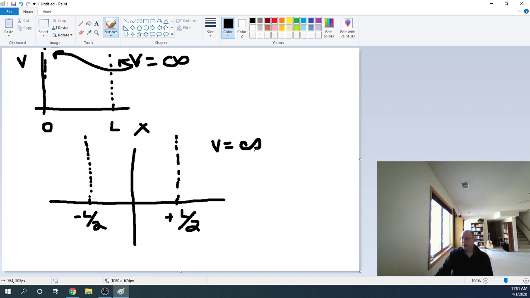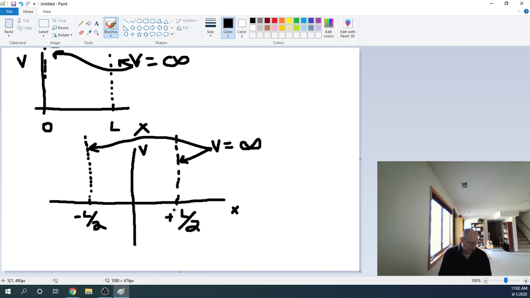Again, it's a particle in a box, but now it's a symmetric box around the origin. This is V as a function of x again. And it asks you to think about how the solutions would look different if you change the geometry just a tiny little bit like this. The box still has a width of L, but it doesn't go from 0 to L, it goes from negative L over 2 to positive L over 2.